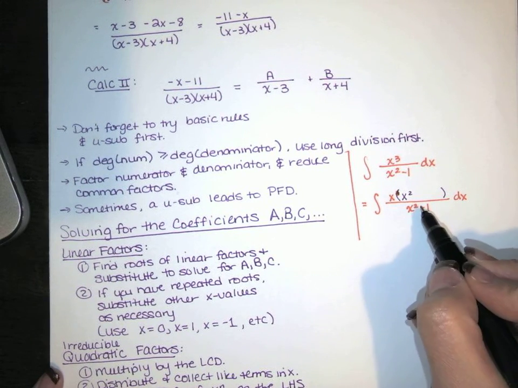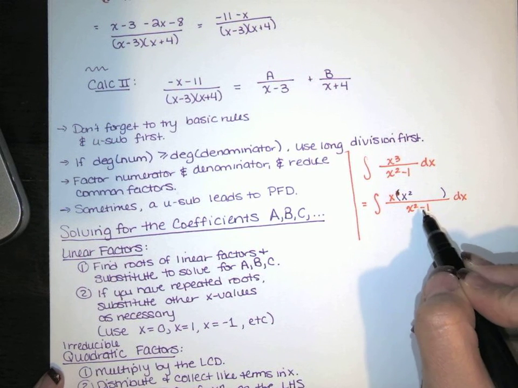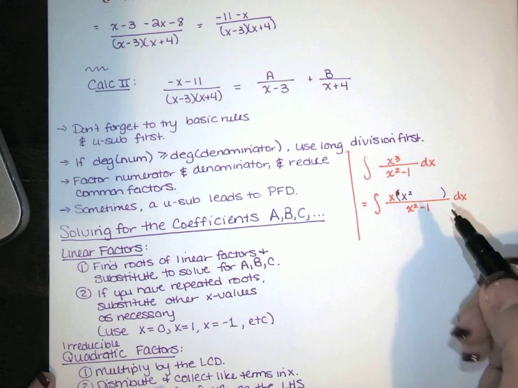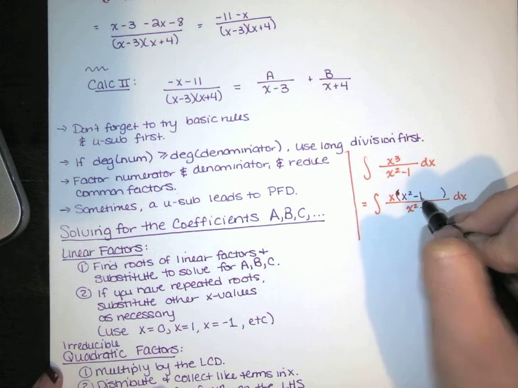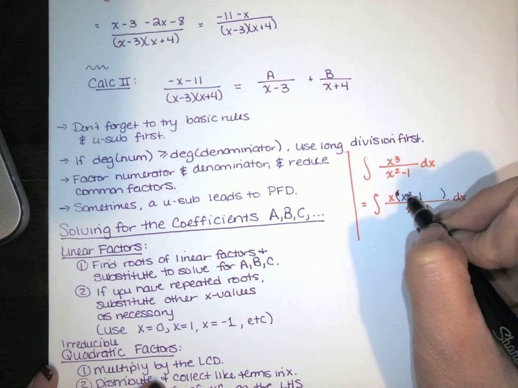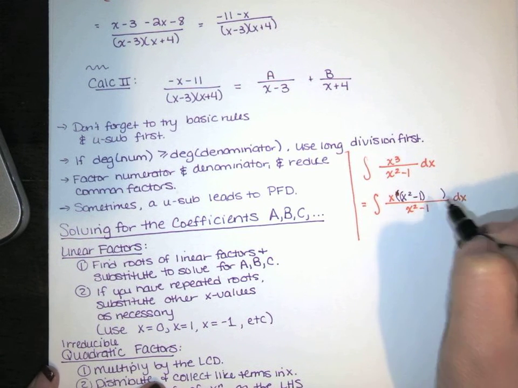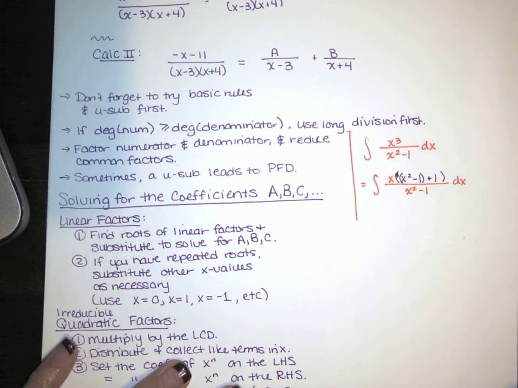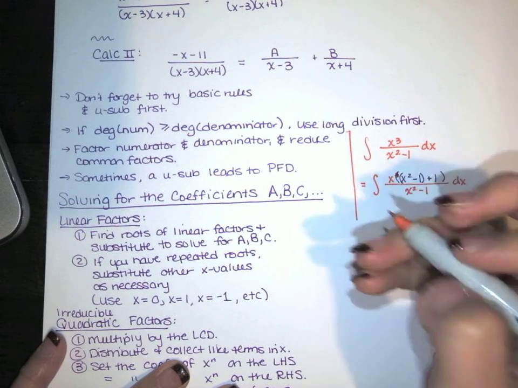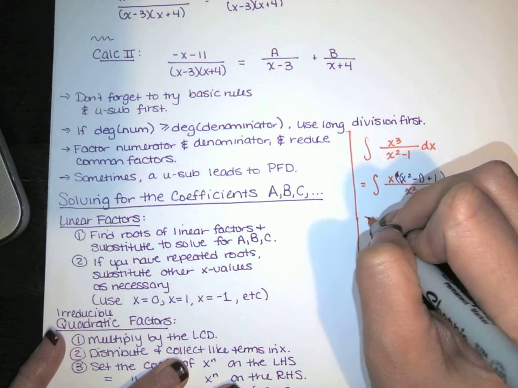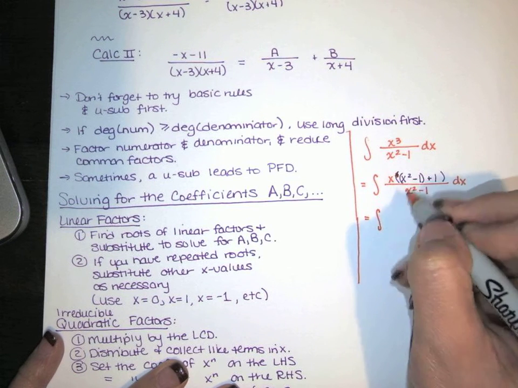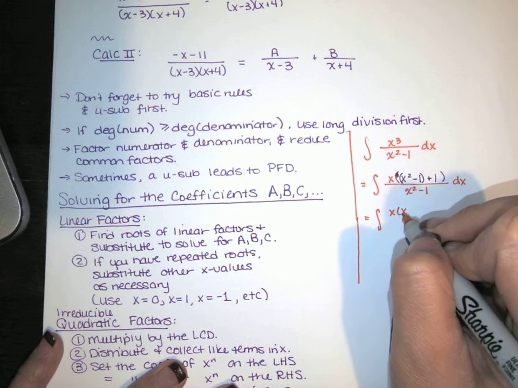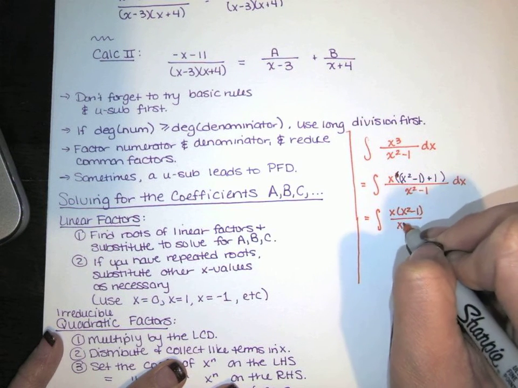Now in order to make whatever I have here reduce with whatever I have down here, I need this to be an x squared minus 1. Well, that's legal. I can do that. I can just subtract 1 there as long as I also add 1 to compensate. It's just the well-chosen zero thing that we talked about at the very beginning of this chapter. So now I've got x times x squared minus 1 over x squared minus 1.